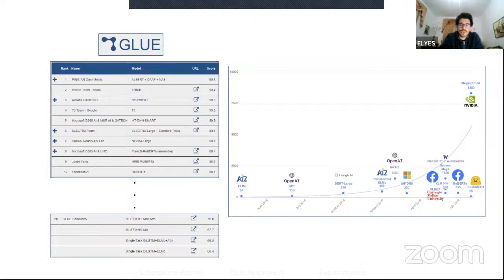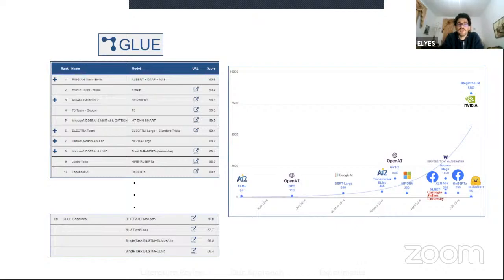You can see that not only is the number of published transformers increasing, but also their size. On the y-axis here, we have the number of parameters in millions. OpenAI GPT, one of the first to use transformers, has 110 million parameters.